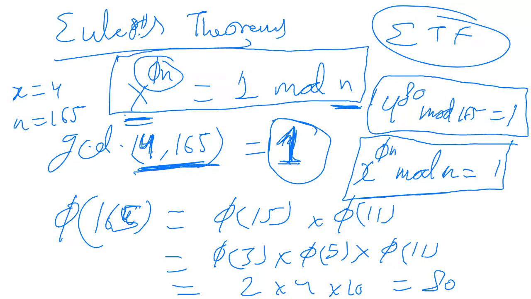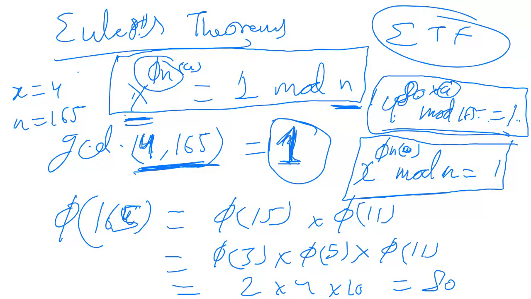And one more: multiply this 80 by any positive number a, that is 1, 2, 3, 4, 5, 6, 7, 8, 9, 10, anything, the result remains the same. 4 to the power 80 into a mod 165 equal to 1. That is x to the power phi n into a mod n equal to 1, or x to the power phi n into a is equal to 1 mod n.